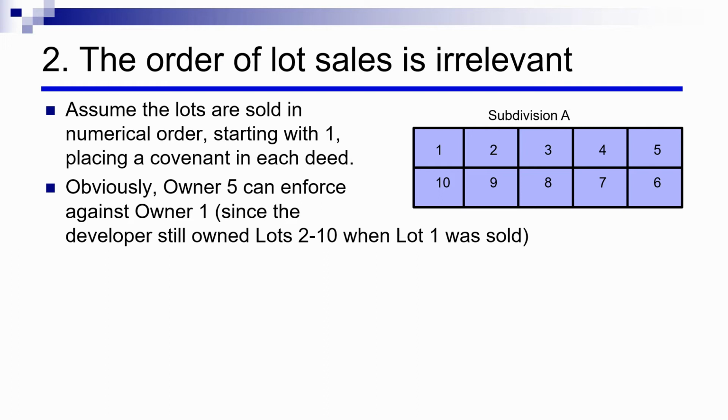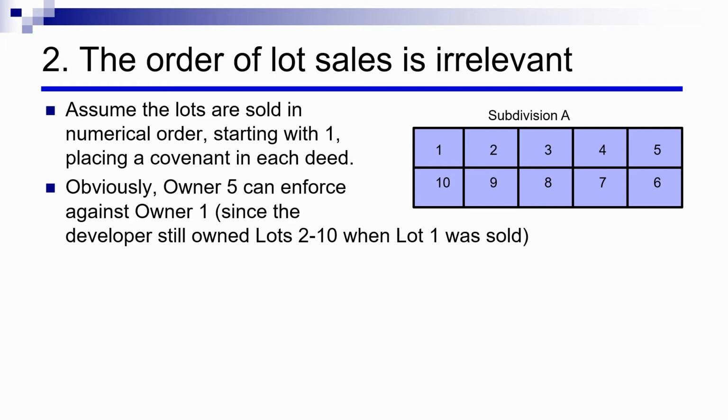And therefore, all of them became the benefited land for the covenant on lot 1. And lot owner 5 is just a person who bought a chunk of that benefited land. So it's obvious that owner 5 can enforce against lot 1. Owner 5 has benefited land with respect to the covenant on lot 1. Now that part is simple and we don't need a common plan to figure that out.